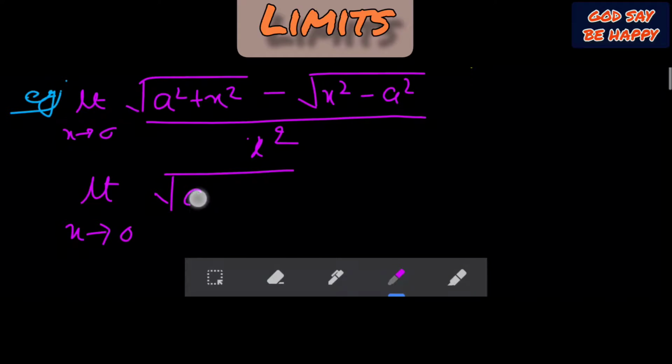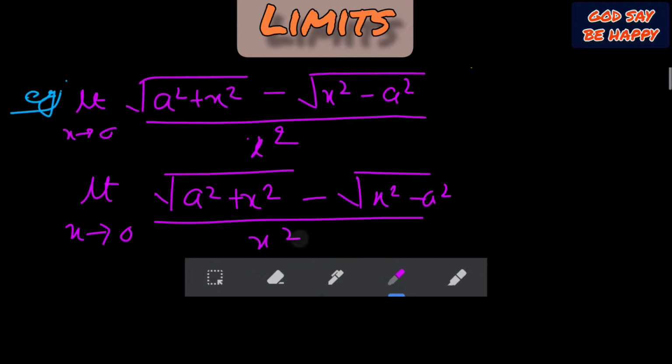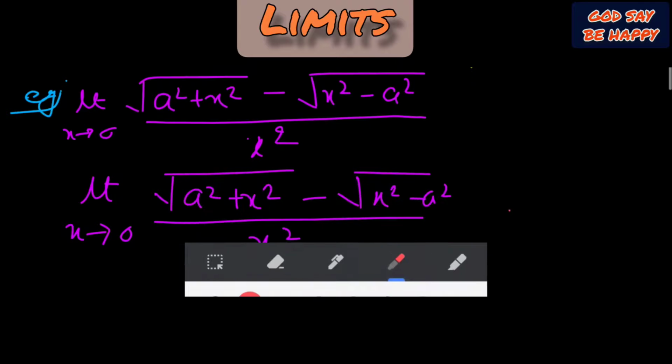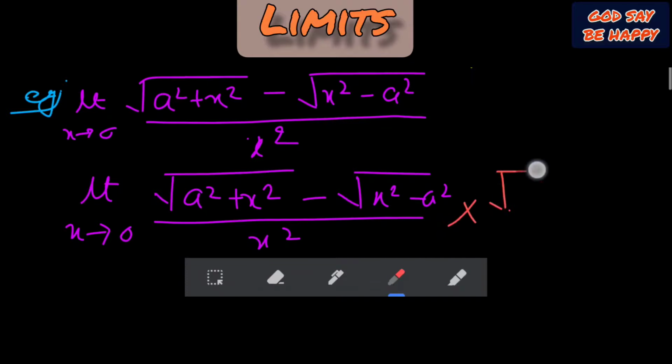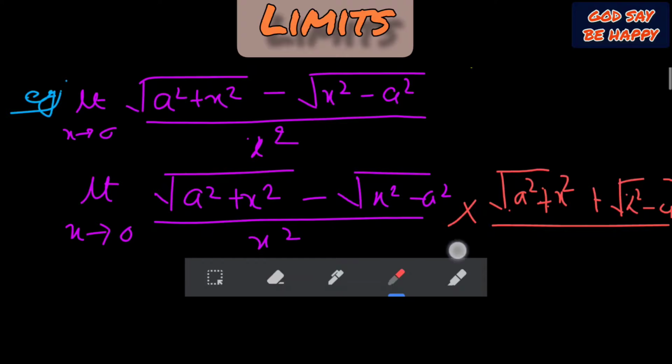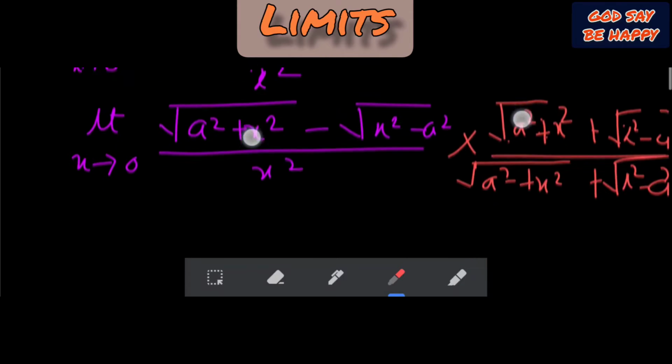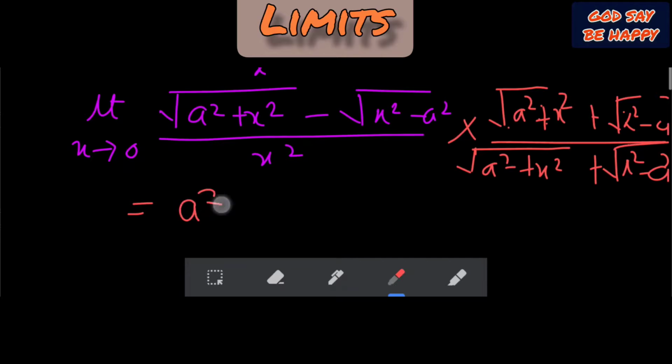So root of a square plus x square minus root of x square minus a square upon x square. So we will rationalize it into root a square plus x square plus root x square minus a square upon root a square plus x square plus root x square minus a square. Now this is a plus b, a minus b form.